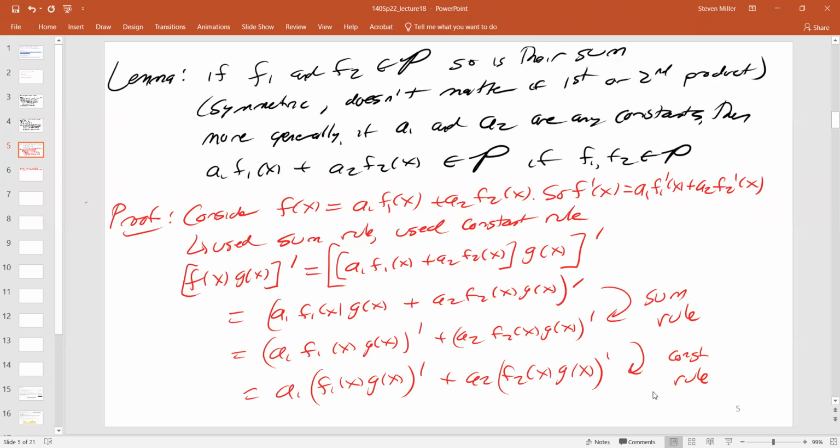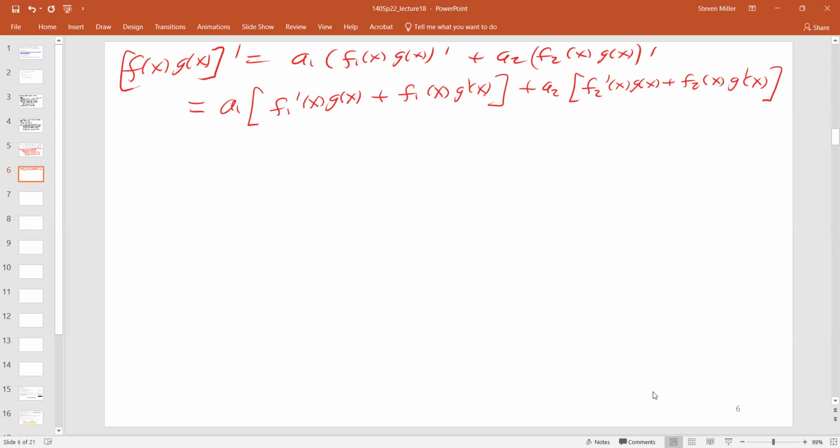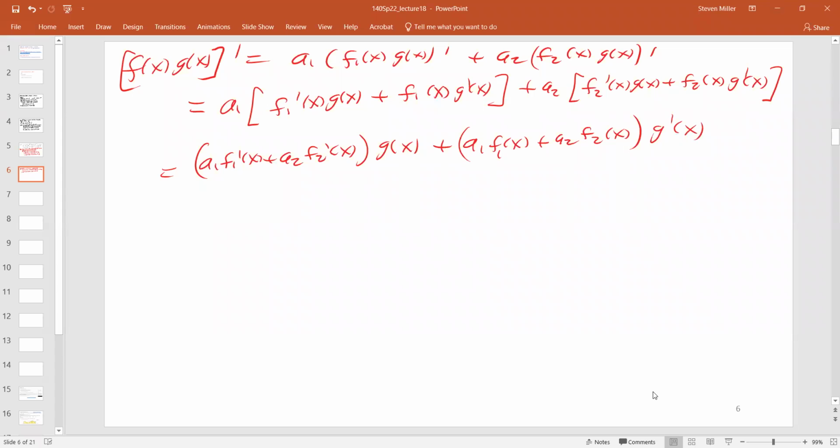And so at this point now, let's regroup things. Let's put all the g's together and all the g primes together. So this is going to be a1 f1 prime of x plus a2 f2 prime of x times g of x plus a1 f1 of x plus a2 f2 of x times g prime of x.